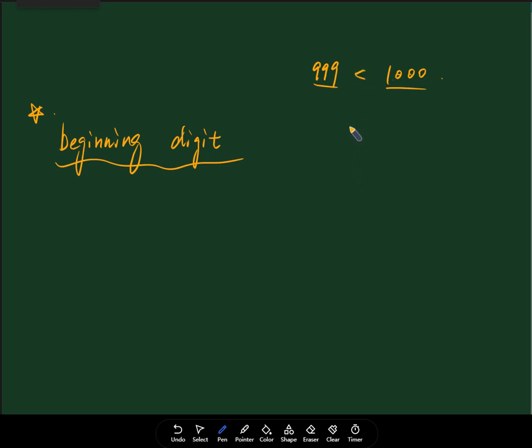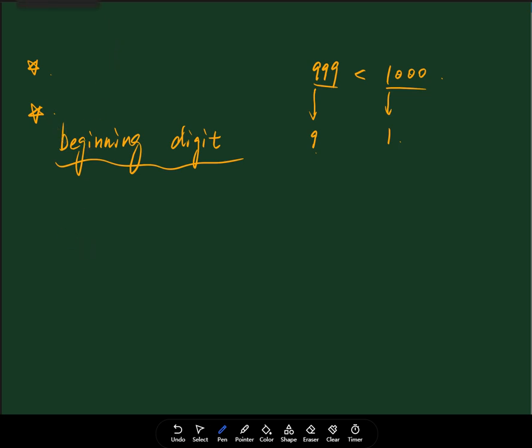So 999 is smaller than 1000, right? Now you can see the beginning digit is 9 and the beginning digit is 1. Even though 9 is much larger than 1, still 999 is smaller than 1000. That's because what is different?